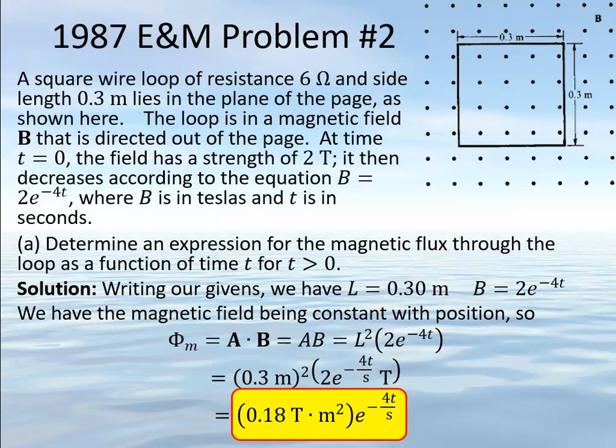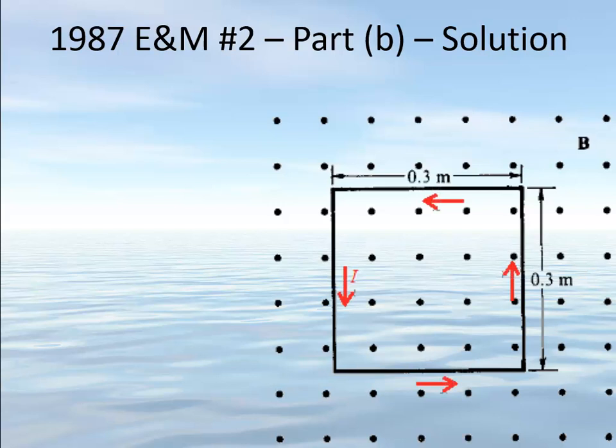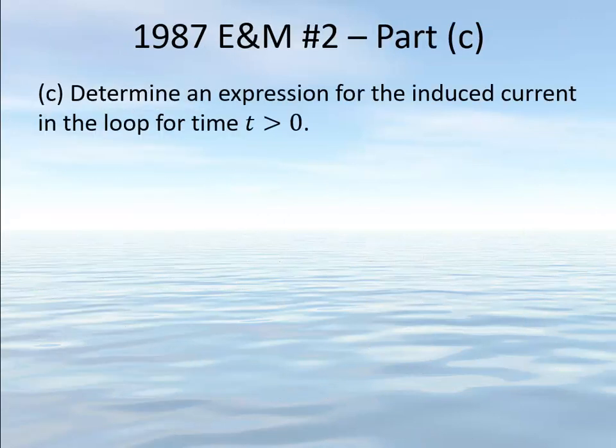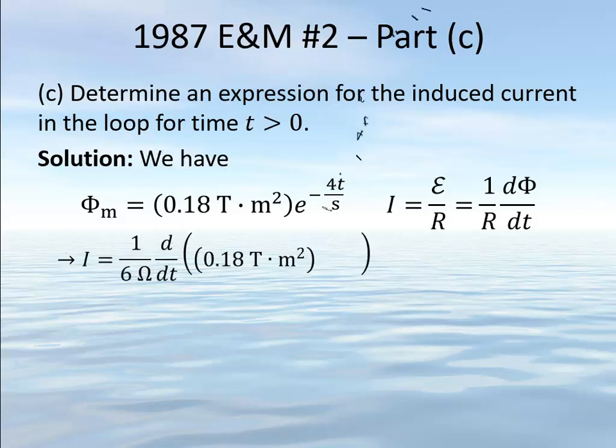Now, part B, they gave 1 point just for a statement of either counterclockwise or for arrows indicating the direction. Technically, it should have just been arrows, because that's what they asked for. Part C, they gave 4 points for the total part. They gave 1 point for an indication of Faraday's law. They gave 1 point for plugging the numbers into Faraday's law.